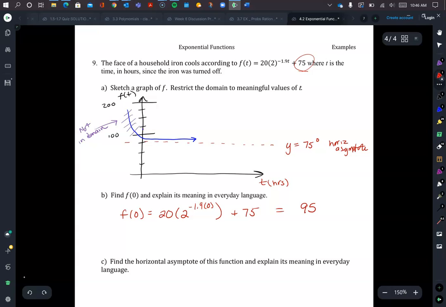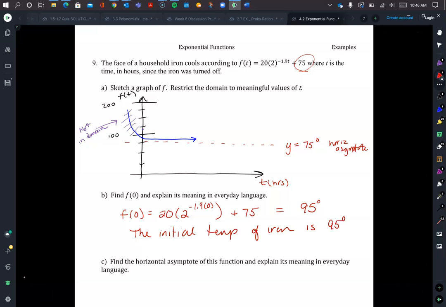And so we would get 95 degrees when no time has passed. Okay, so say something to that effect, that the initial temp of the iron was 95 degrees. And that is, I'm assuming, Fahrenheit.